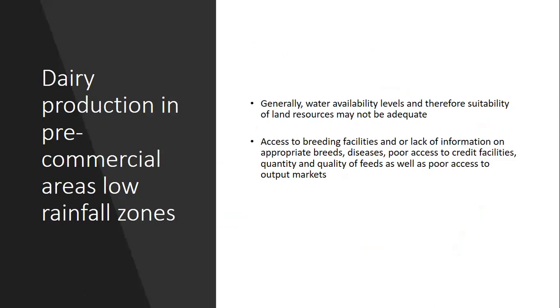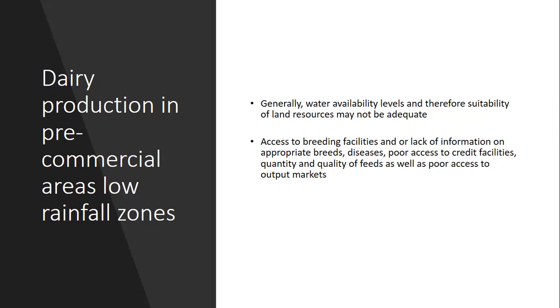These semi-arid systems, we term them as pre-commercial, as they have not been traditionally included in the dairy production systems as definitions, and have always not been highly considered when dairy production is discussed. They are generally areas of low rainfall zonation, though they have large tracts of land available for production.